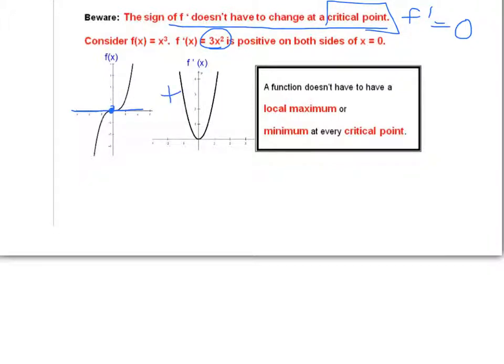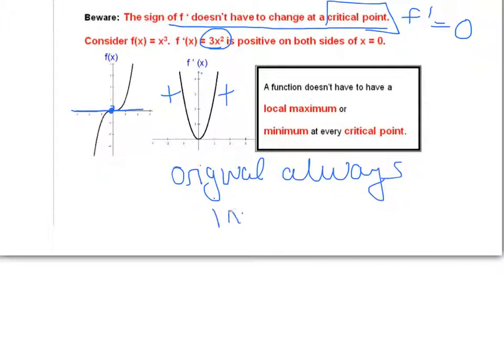This side is positive and this side is positive, meaning the whole original graph is always increasing. So it's a critical point, but it's not necessarily a max or a min. So now we're expanding our definition of critical point.